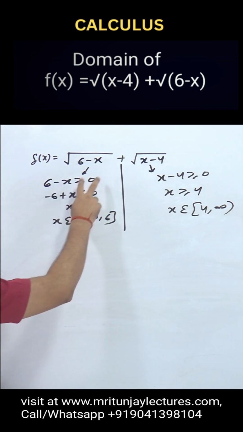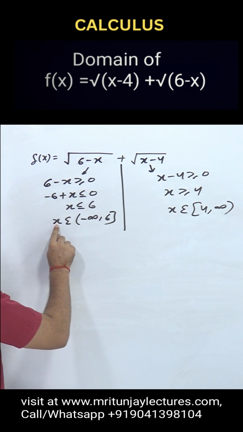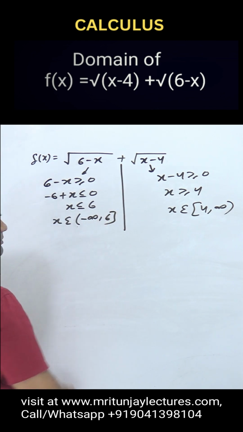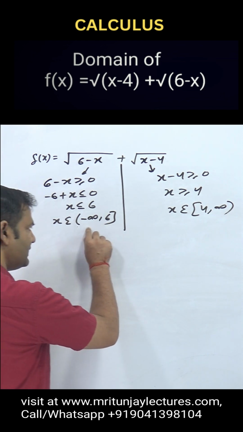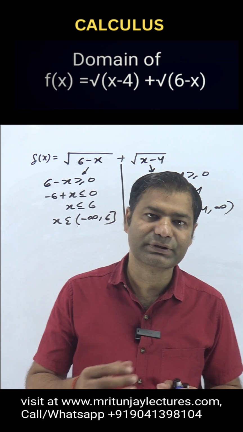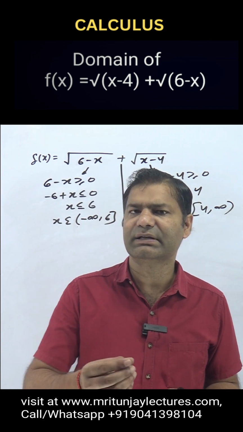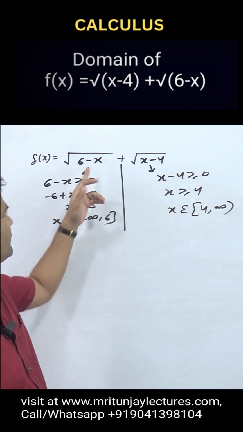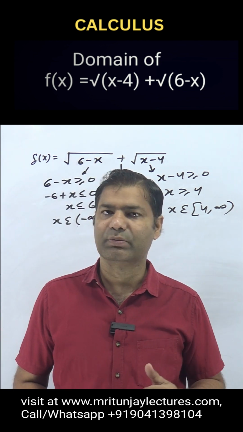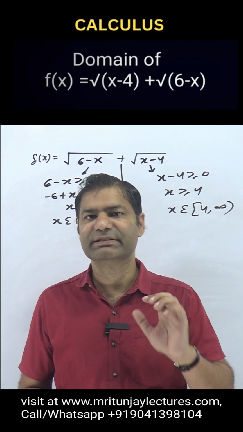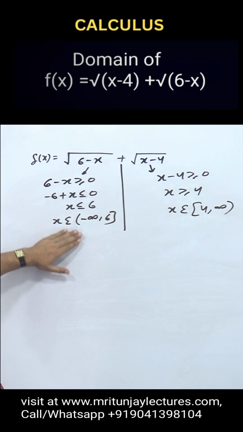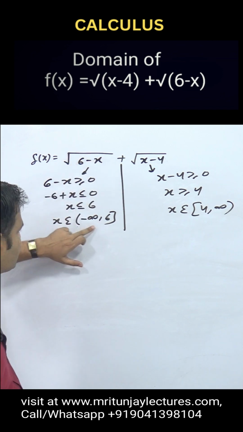We check minus infinity to 6 closed interval: select any value, suppose we select 5, put 6 minus 5, we get 1, under root 1 is 1, so that is a defined function. So the domain of that function is minus infinity to 6.